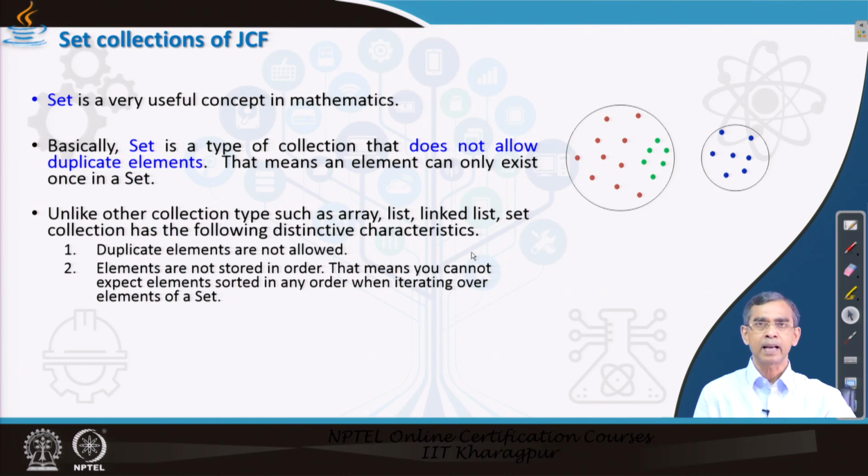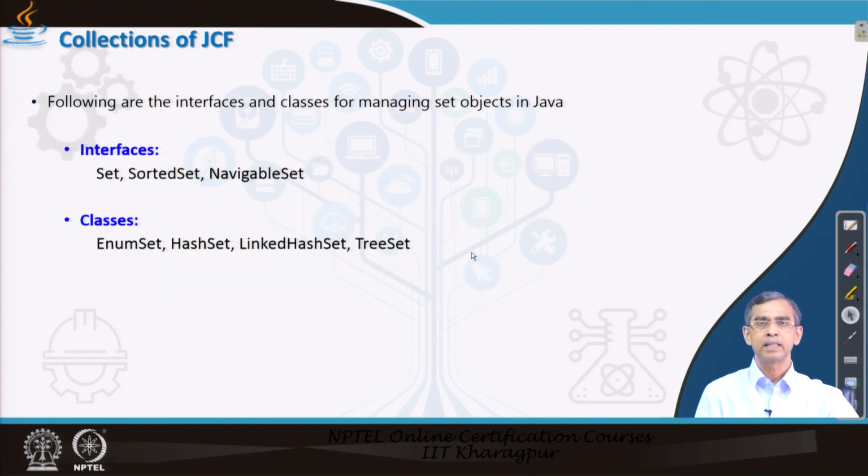It also allows you to include elements in a very unique, novel manner, called tree form. The concept of tree is very important from the data structure point of view. The tree concept will be discussed later, but the set can also be represented using this tree concept.